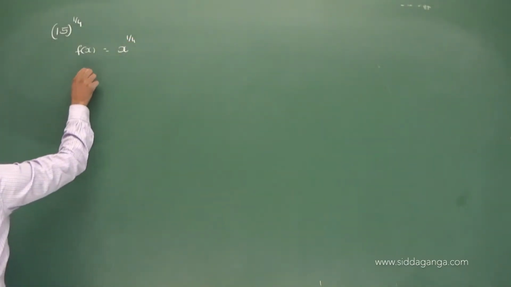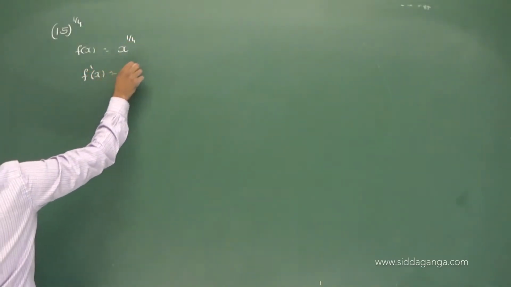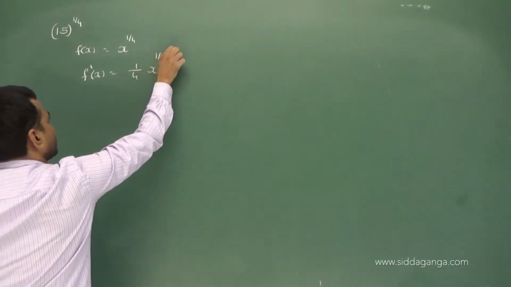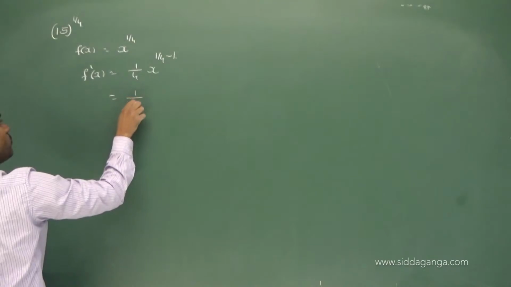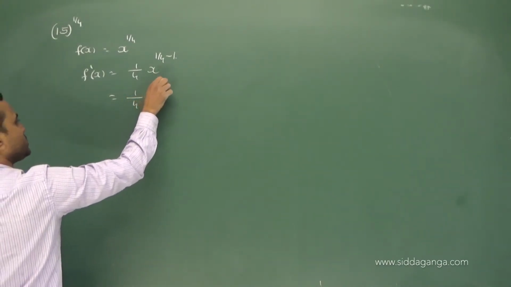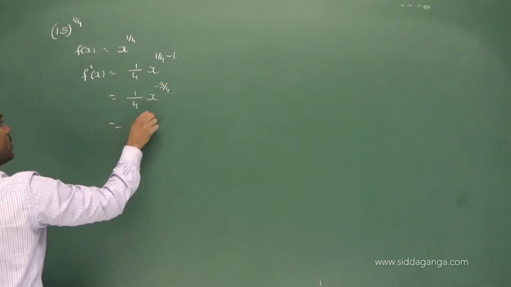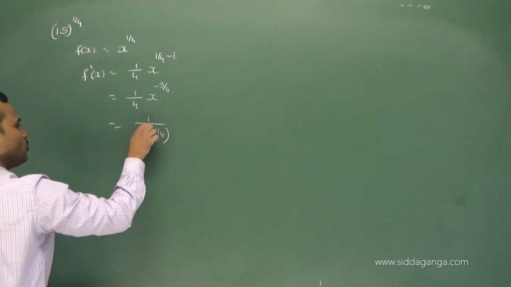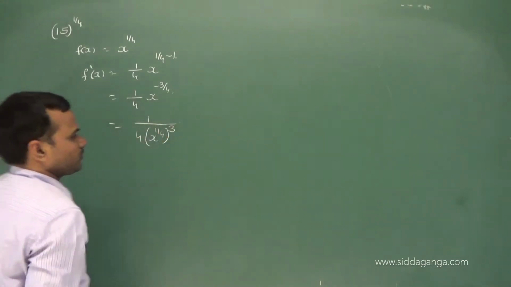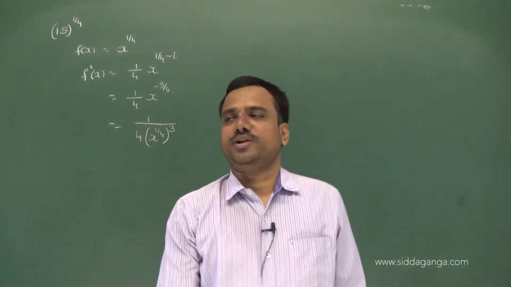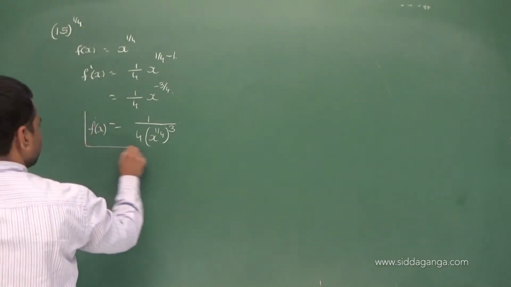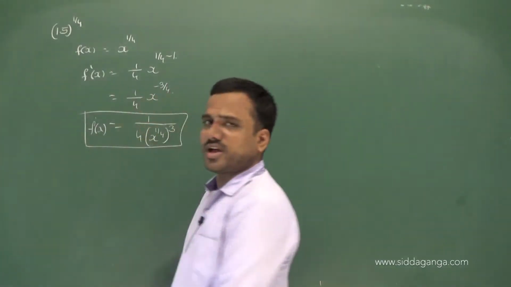Then we find the derivative f dash of x. 1 by 4 into x to the power 1 by 4 minus 1, 1 by 4 x to the power minus 3 by 4, 1 divided by 4 into x to the power 1 by 4 whole cube. This is the derivative f dash of x.